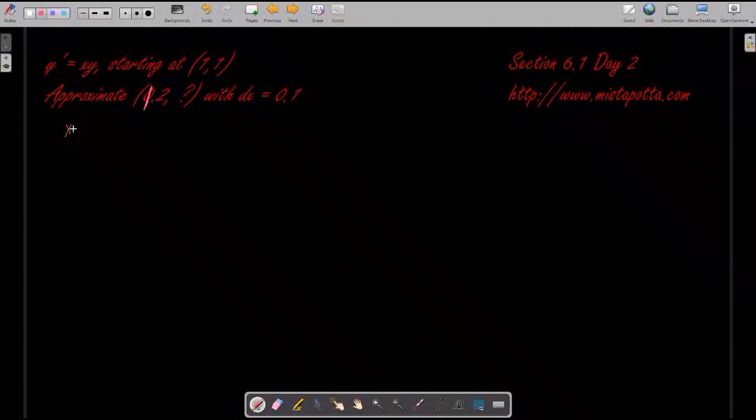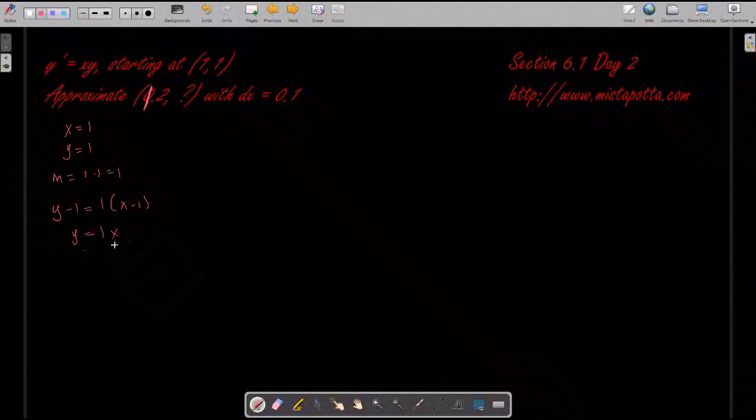So I'm starting off with the x value and the y value that they gave me. And my slope is going to be equal to x times y, which in this case is 1. So I've got y minus 1 equals my slope times x minus 1, or y equals 1x.